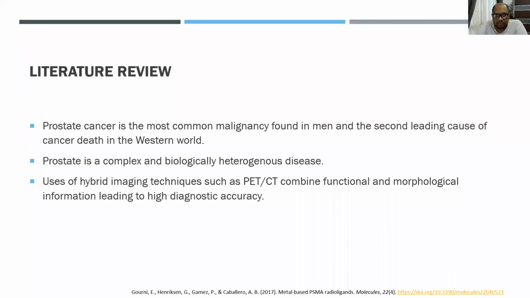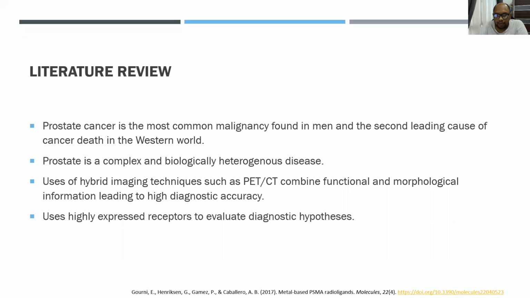By using imaging techniques such as PET-CT, positron emission tomography and computed tomography, it will give us an image needed by the physician to diagnose and stage cancer in a patient.